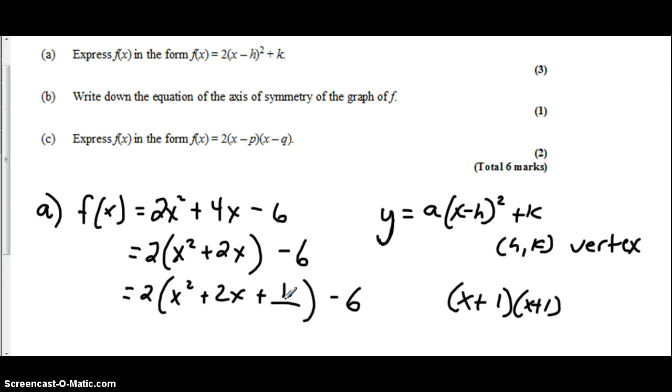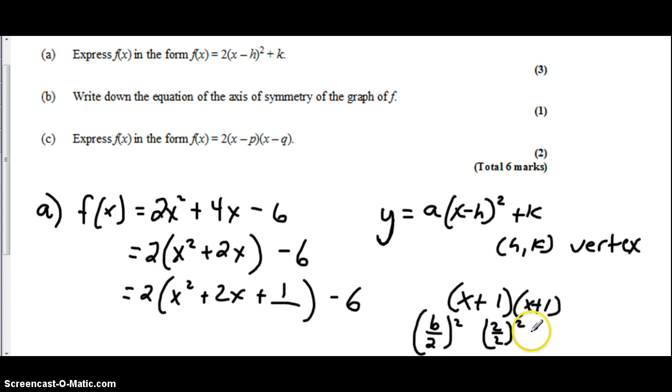Some students really have trouble thinking about it globally, so we also learned to take the b value, divide by 2, and then square it. So b divided by 2 and then squared. Either way, we're going to get 1 in this case. 2 divided by 2 is 1, and 1 squared is 1.